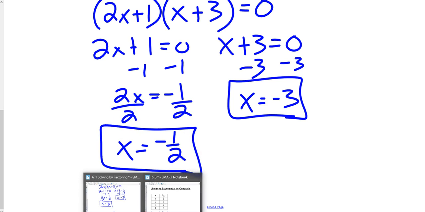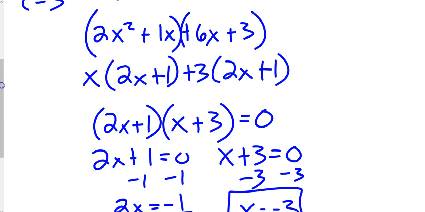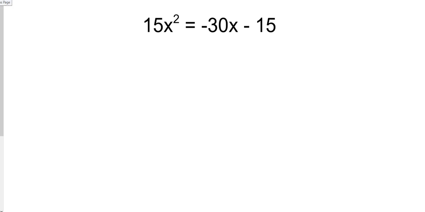So again, the key is getting it factored. And once it's factored, you just set them equal to 0 and you solve, just like what we did before when we did domain. All right, so here, are we equal to 0? And the answer to that question is no. But remember, I said right at the beginning, we'll fix this, and we want to move everybody over to the left side.